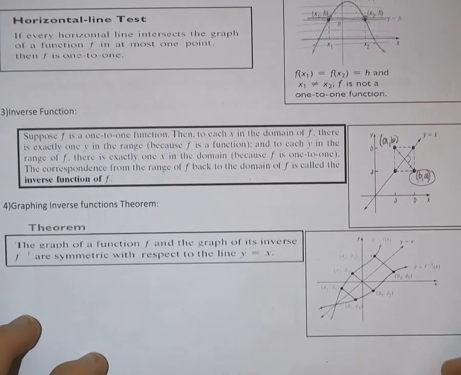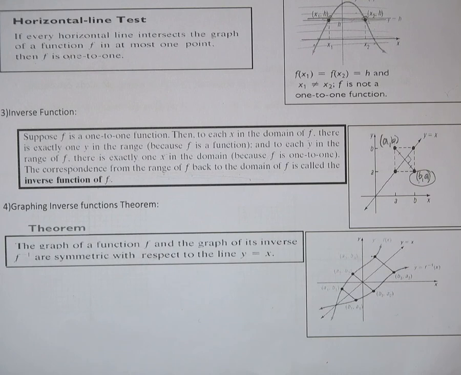Now, graphically, we can actually see this occurring. When we graph, we can see the relationship between inverses. So the graphing inverse functions theorem tells us that the graph of a function f and the graph of its inverse, f inverse, that's what that f to the negative 1 power means, f inverse, are symmetric with respect to the line y equals x.